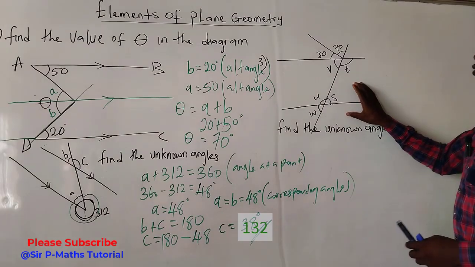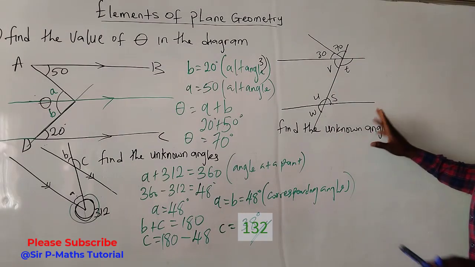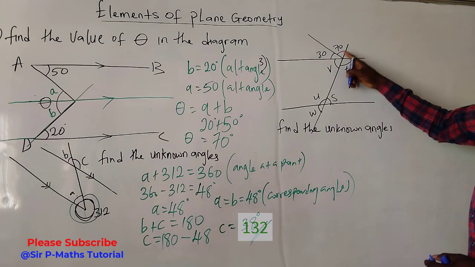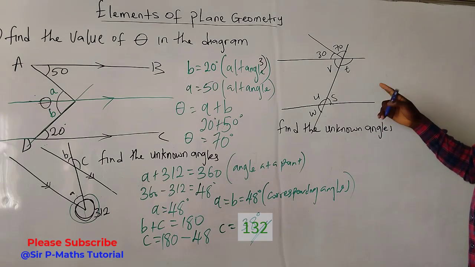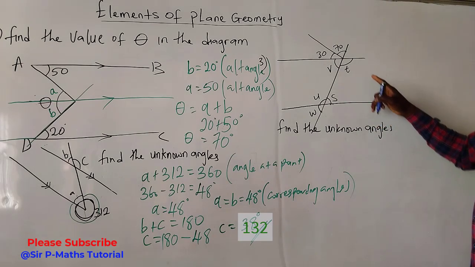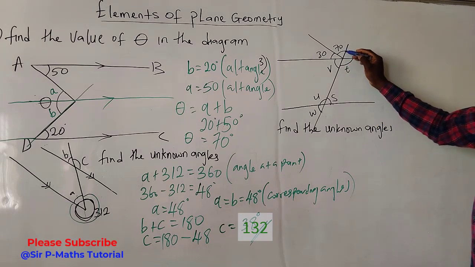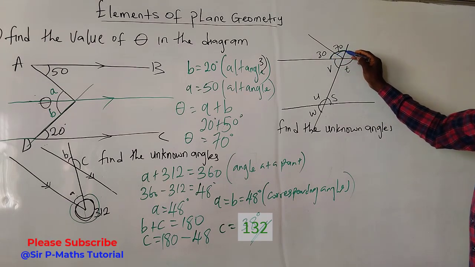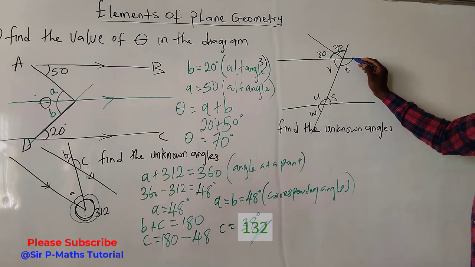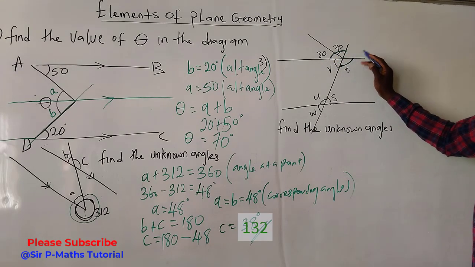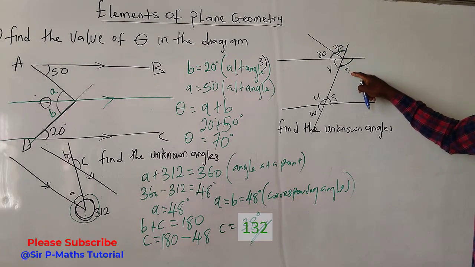Now for this third one, we are asked to find the unknown angles. Let's look out for the first one we can possibly get. All right. Okay, so look here, T. If I combine all the angles here, from here to here, it is equal to the angle of T. The reason is because they are vertically opposite.